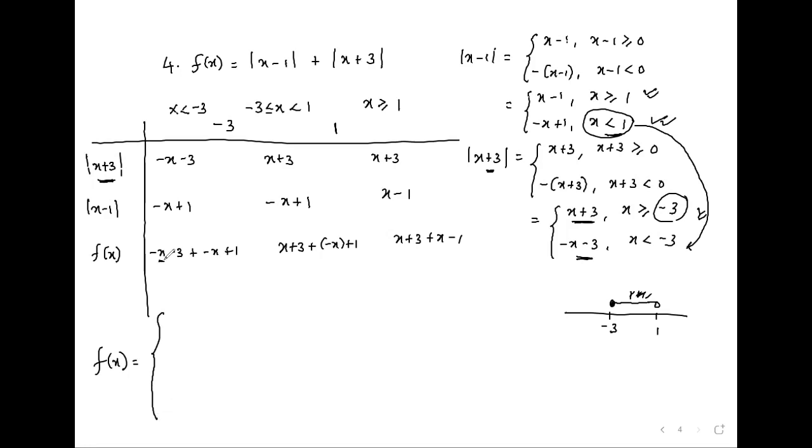So it is minus 2x minus 3 if x is less than -3. The other one, x minus x, that's 0. 3 plus 1, that's 4. Of course, if -3 is less than or equal to x, it is less than 1. And then 2x plus 2 if x is bigger or equal to 1.